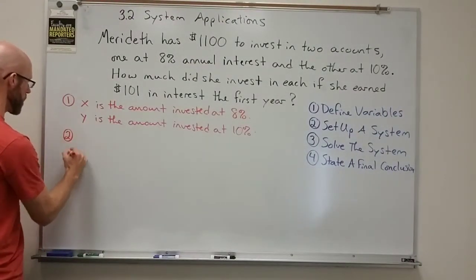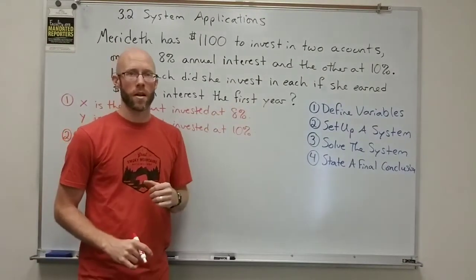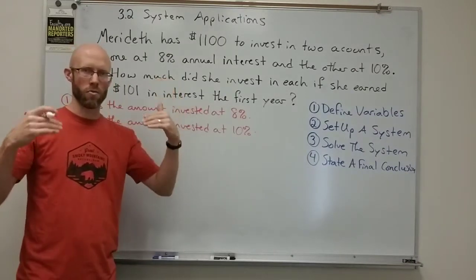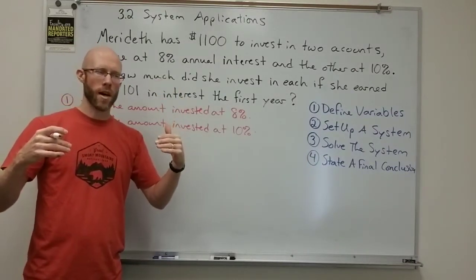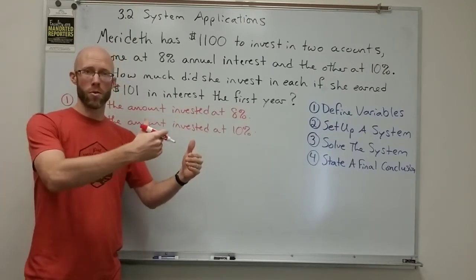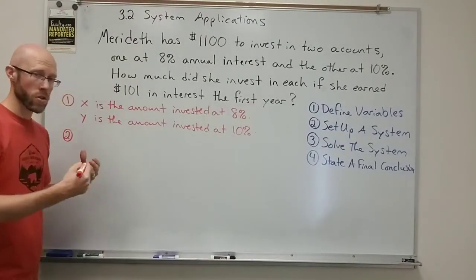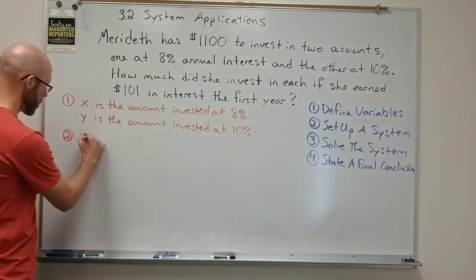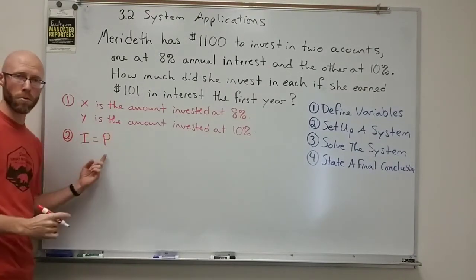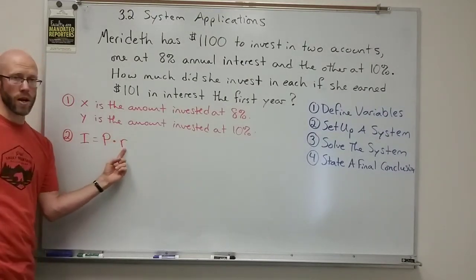The second step then is to somehow set up a system of equations. Before I do that, I want to get an overall concept: what you earn in interest is a percentage of what you invest. Generally speaking, the interest I is equal to the principal, that's the amount you're investing, multiplied by the interest rate.